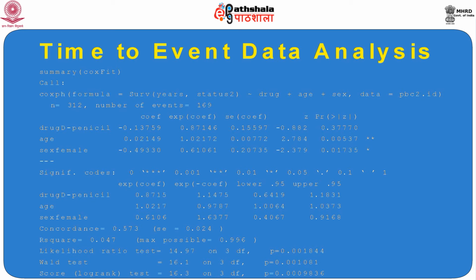The concordance index is also measured here, obtained as 0.573, and the R square value is very low, coming 0.04. The maximum possible value is mentioned as 0.996. The likelihood ratio states that the p value is significant, and the Wald test also says the p value is significant.